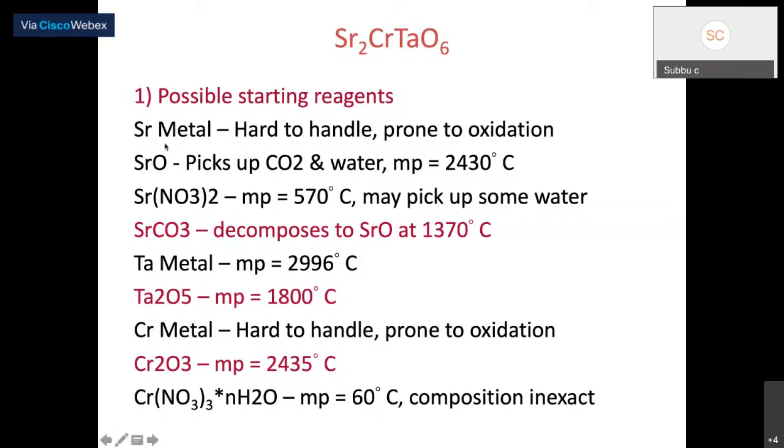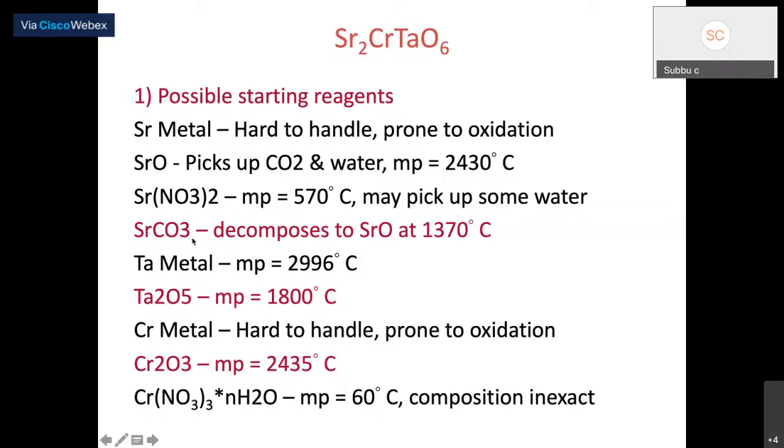The way I can choose is the way it is listed here. Strontium metal is not easy to handle. If I take strontium oxide directly, it picks up carbon dioxide from the atmosphere, and it also has a melting point of 2430. Instead, I could take strontium nitrate, which has a melting point of 570, but the main problem is that it is hygroscopic.